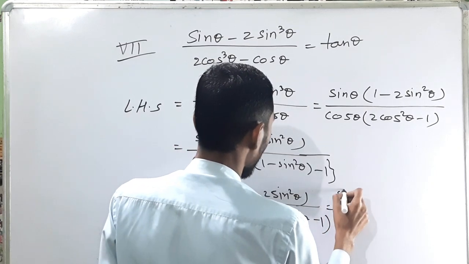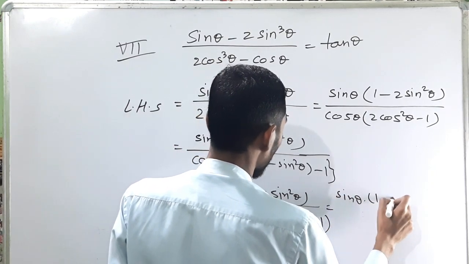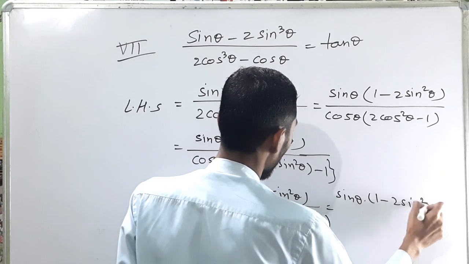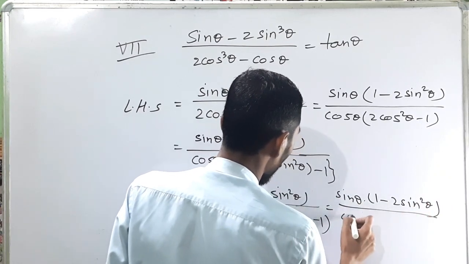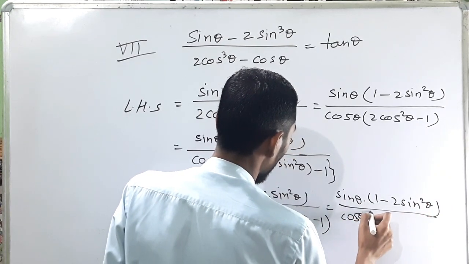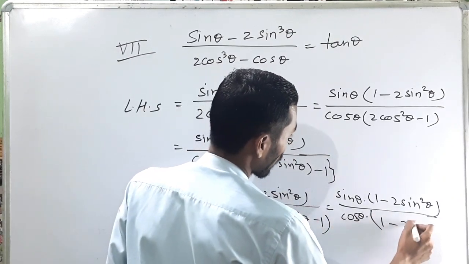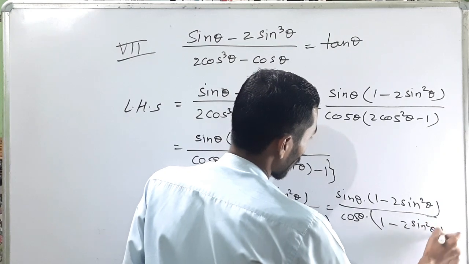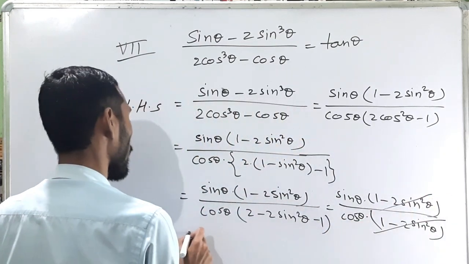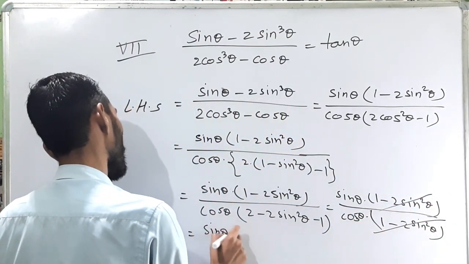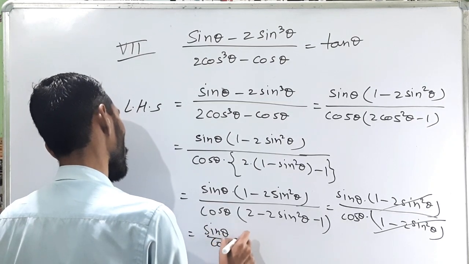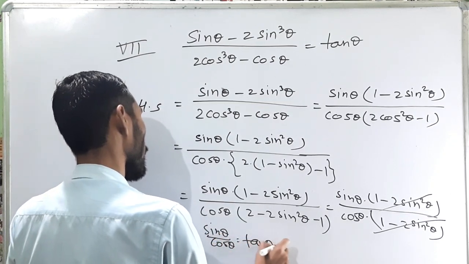So this can be written as sin theta into 1 minus 2 sin square theta and cos theta into 2 minus 1, 1 minus 2 sin square theta. This can be cancelled out, and sin theta by cos theta equals tan theta.